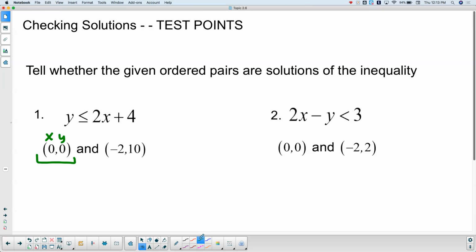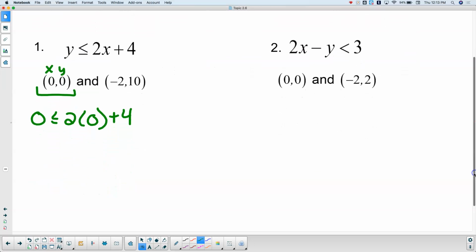So this would be like 0 is less than or equal to 2 times 0 plus 4. And then you simply do that math. 2 times 0 is 0, plus 4 is 4. So then you look at the inequality 0 is less than or equal to 4.